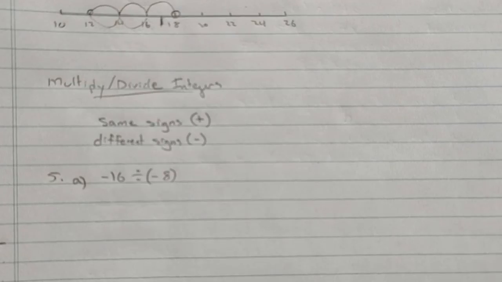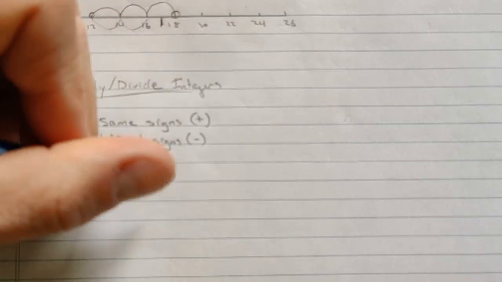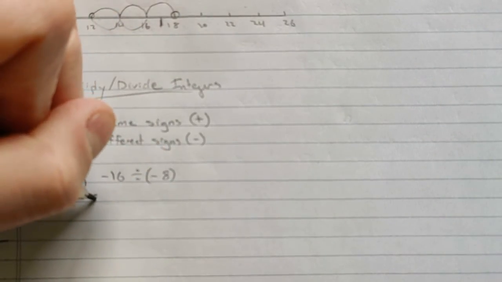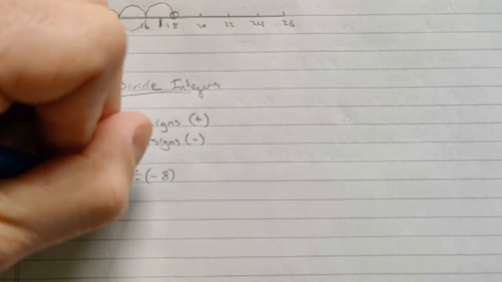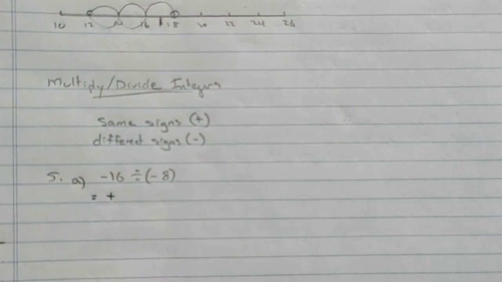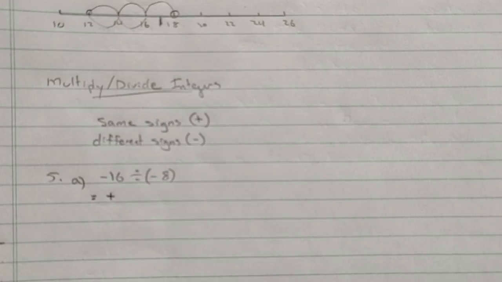And so we do this in 2 steps. It always works with multiplication and division, it's just 2 steps. Look at the signs. The signs are the same. That means our answer is going to be positive. I'm even going to put the positive sign down. Now I completely ignore the signs. I'm not worried about negative 16 divided by negative 8 because I've already considered the signs.